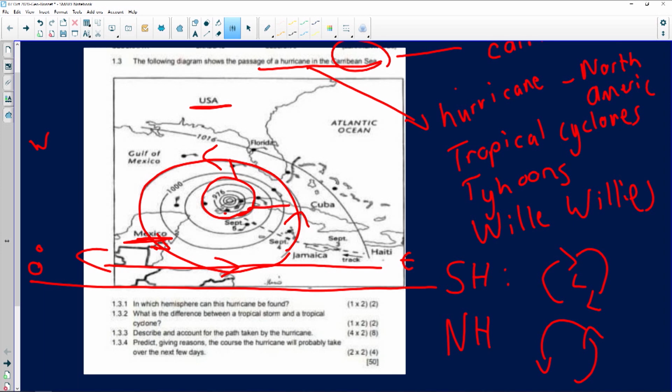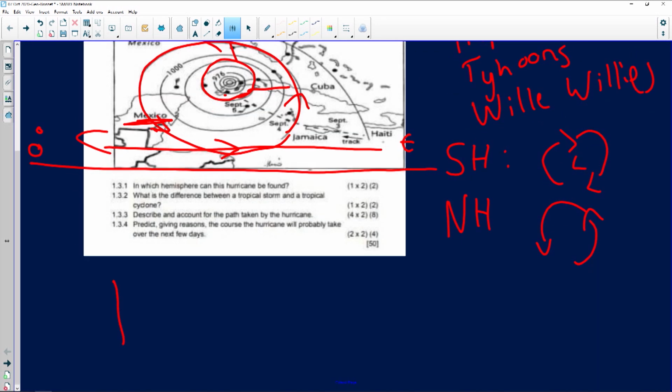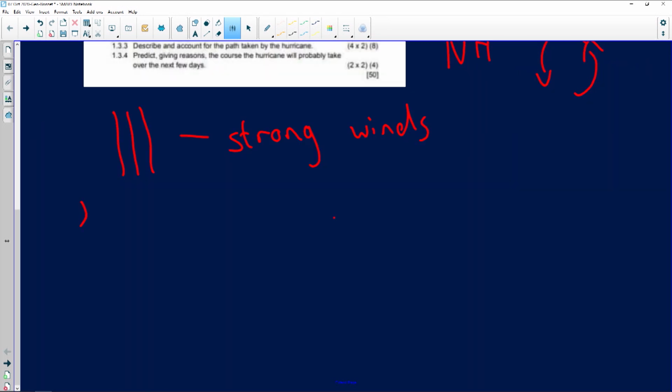Very close to one another. So what do we know? If the isobars are close to one another, we experience very strong winds. When the isobars are far from one another, it is gentle winds.